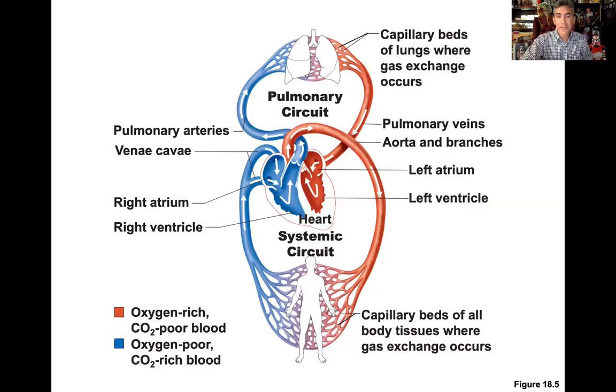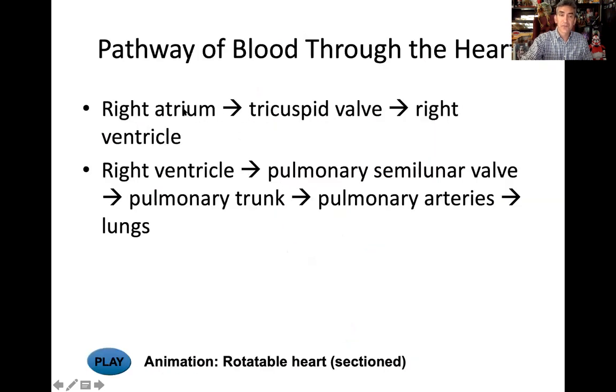Right? So three inputs of blood into the heart. From the right atrium, we go through the tricuspid valve or the right AV valve into the right ventricle. Right? So right atrium past the right atrioventricular valve or the tricuspid valve into the right ventricle.